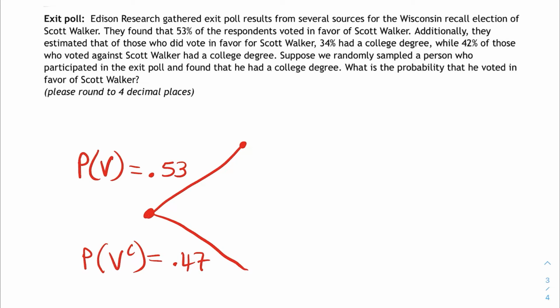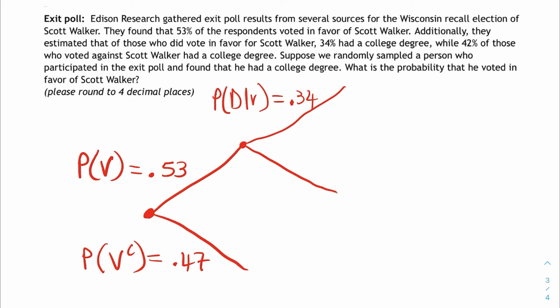So that's the probability of having a college degree, given that we already know you voted for Scott Walker. And that probability was given as 34%. That's the probability of having a college degree given that you voted for Scott Walker.